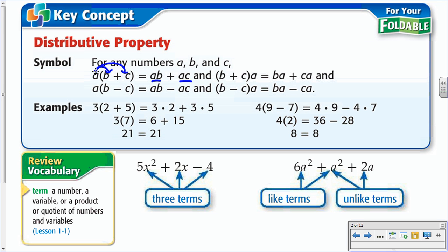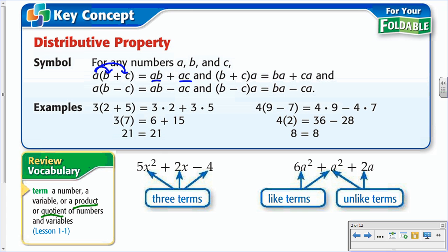And one thing you need to become familiar with is the vocabulary word term. A term is a number or a variable or a what? Here's the main part: a product or a quotient of numbers and variables.